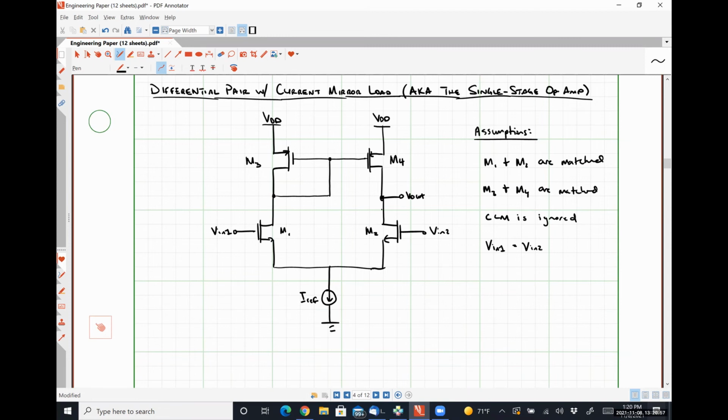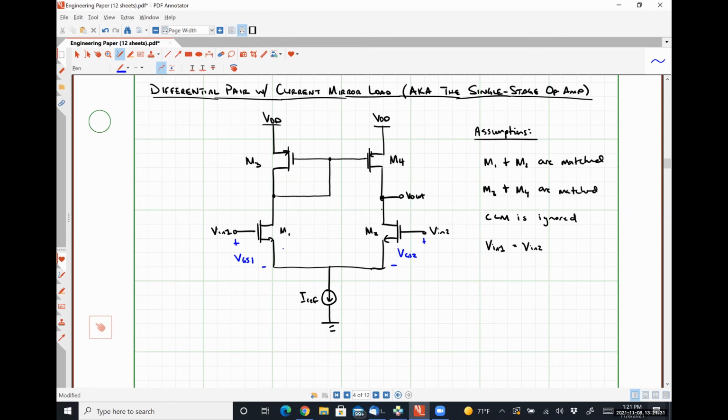All right. In that case, this voltage, VGS1, and this voltage, VGS2, are identical, right? We apply the same input voltage to both the input terminals. We wind up seeing that VGS1 is exactly equal to VGS2.